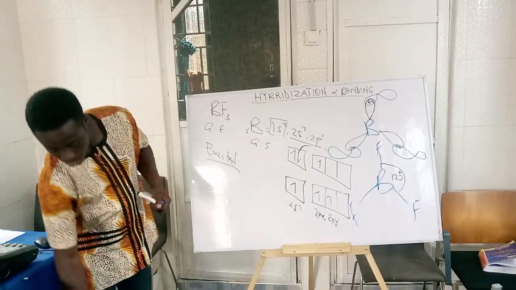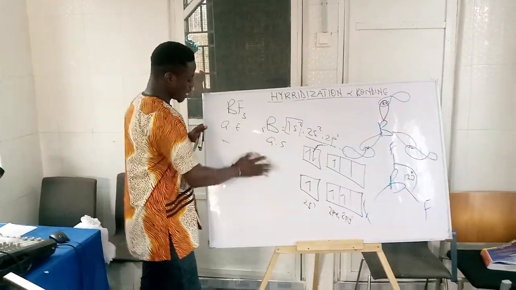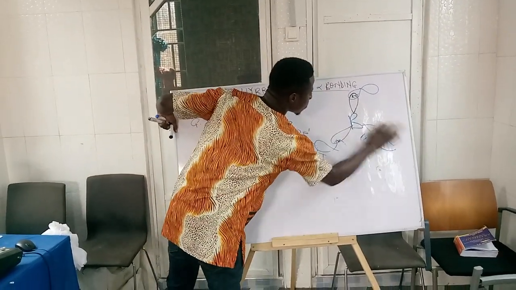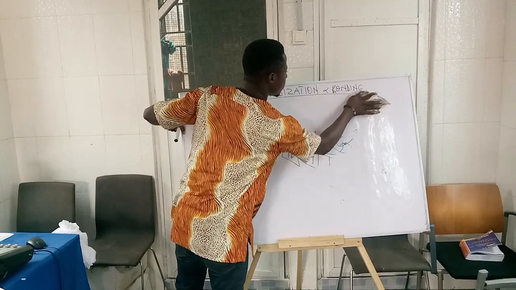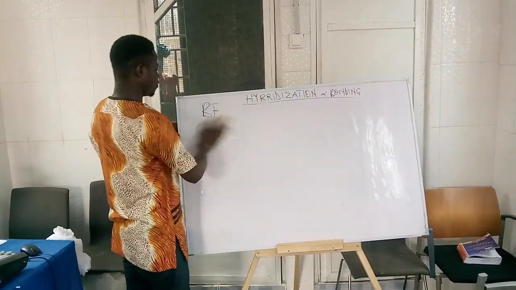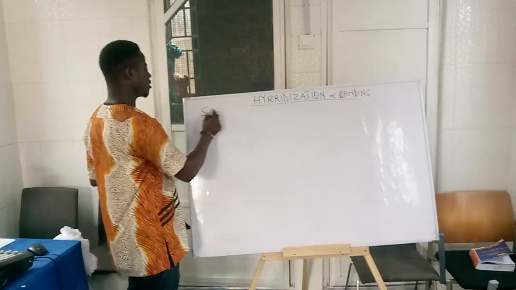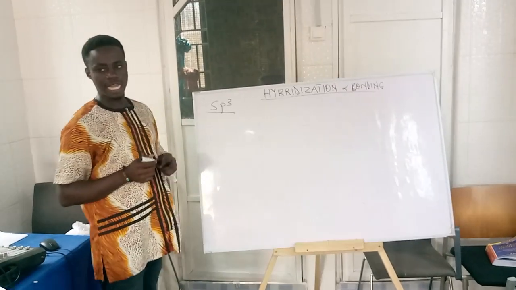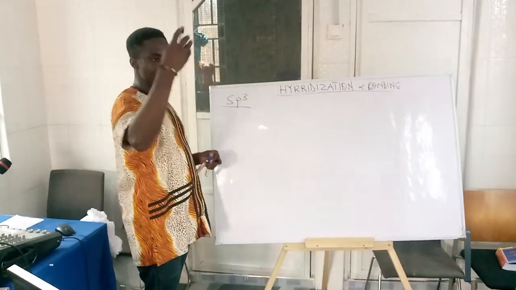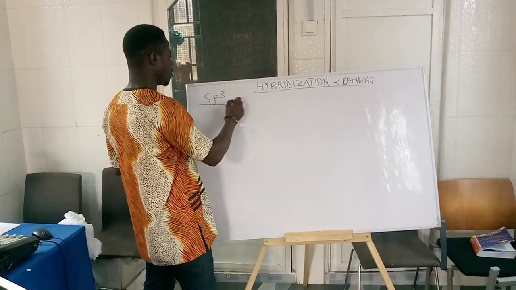With this, if you want to look at the next type of hybridization, which is sp3. With sp3 hybridization, it is formed as a result of mixing an s orbital with 3 p orbitals. So look at this.